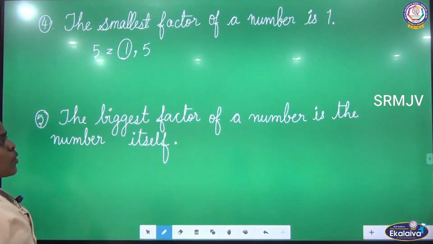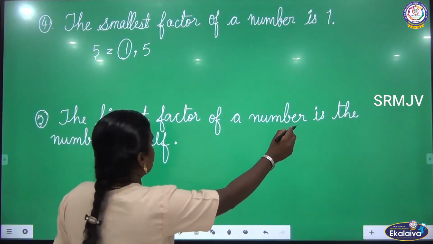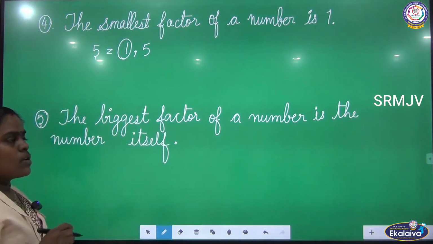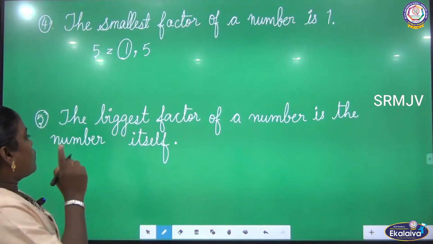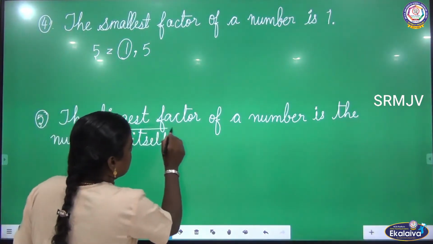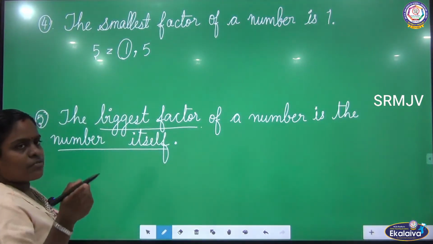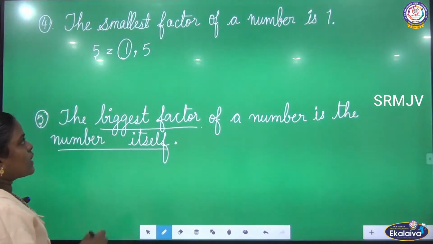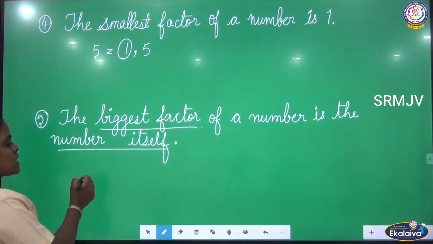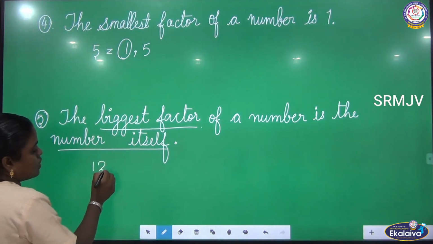Look at the next property. The biggest factor of a number is the number itself. So if you find the factors of the given number, the biggest factor will be the number itself, and 1 will be the smallest factor. Let us take the example 12.